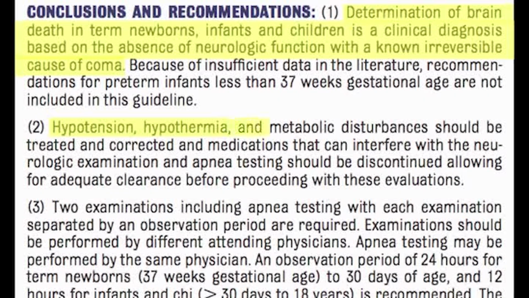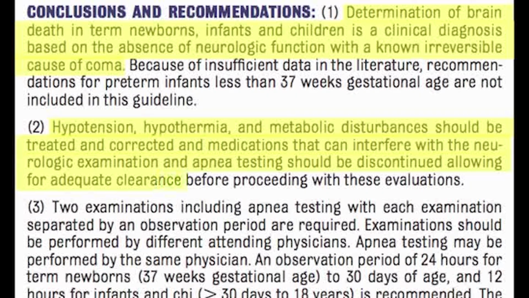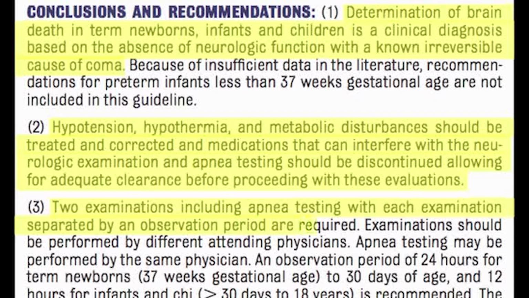Hypotension, hypothermia, and metabolic disturbances should be treated and corrected. Medications that interfere with the neurologic examination and apnea testing should be discontinued, allowing for adequate clearance before proceeding with these evaluations. Two examinations, including apnea testing, with each examination separated by an observation period are required.